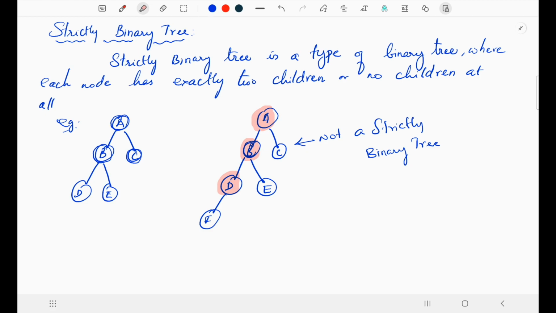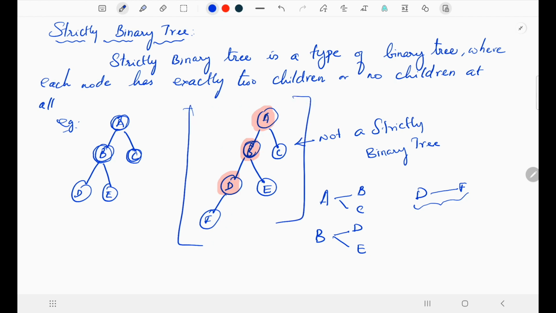For example, in this case, A has two children B and C, and B has two children D and E. So A, B, C, D are intermediate nodes, but C and D have only one child. So this fails our condition of a strictly binary tree. So this complete tree is not a strictly binary tree, right? Good.